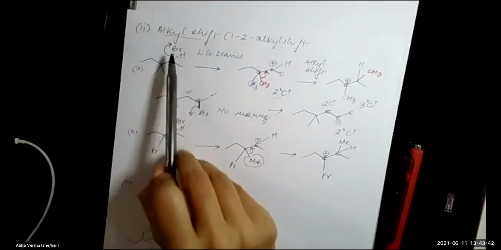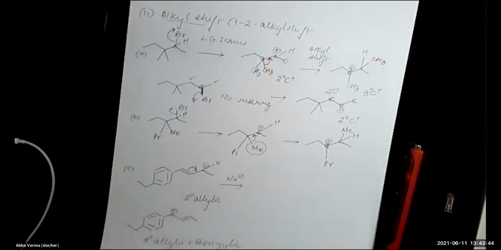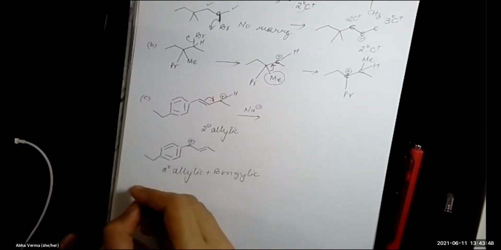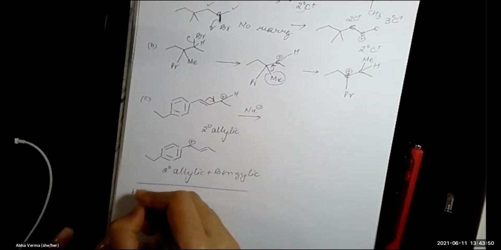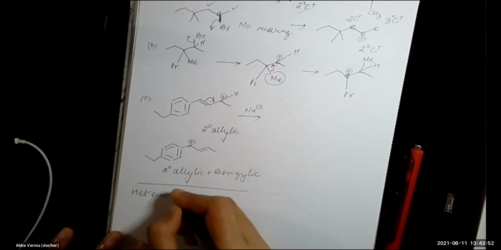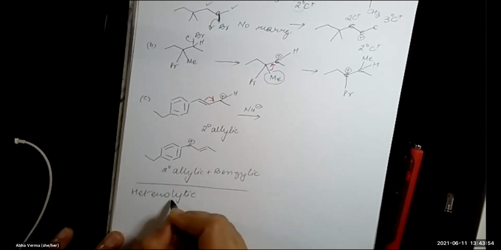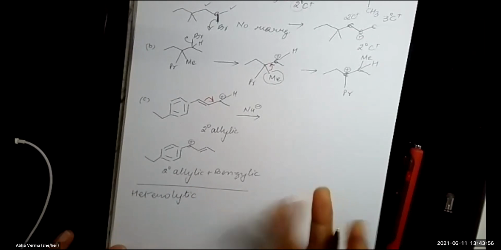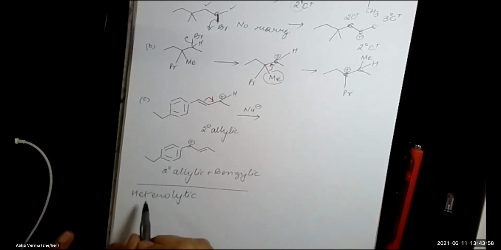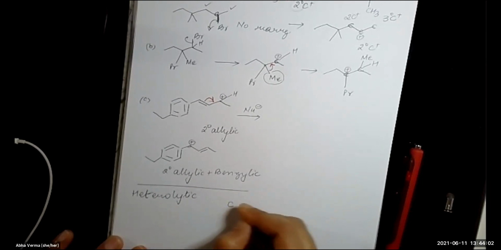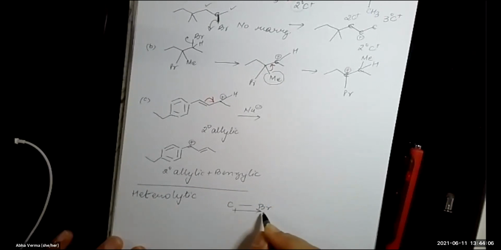So pay attention that when you were doing the leaving group breaking, you were doing what is known as a heterolytic cleavage. Heterolytic. Lytic literally means cleaving off. Hetero means uneven. So when you have this bond of C and Br, you know that Br is pulling the electrons towards itself.